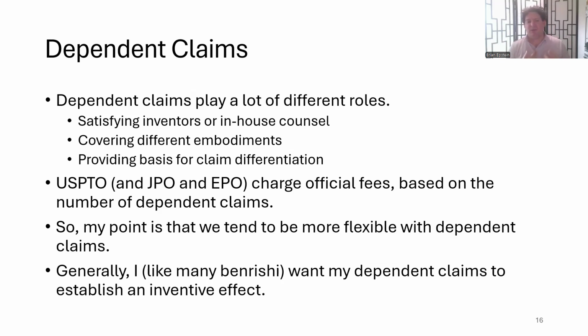And so my point is we tend to be more flexible with dependent claims, right? There's not really any rule because the rule depends on the use. And the use depends on what the applicant is willing to pay.